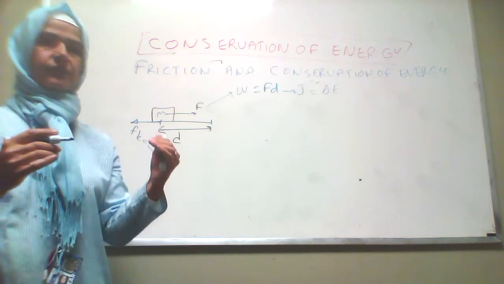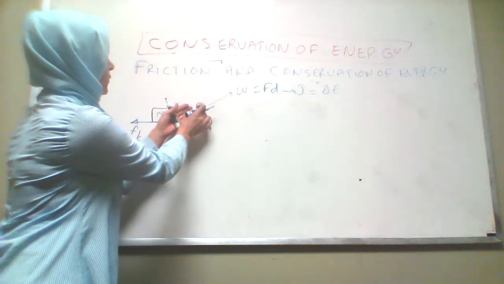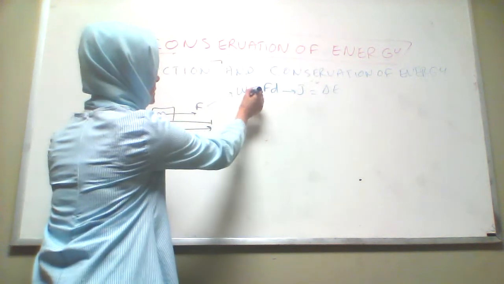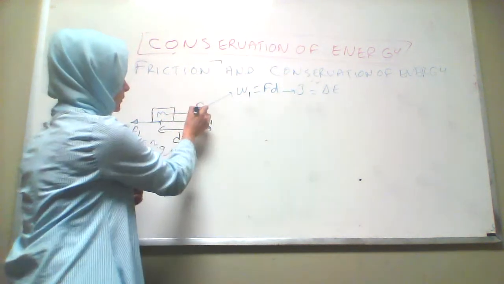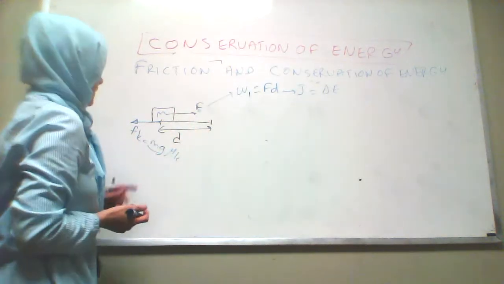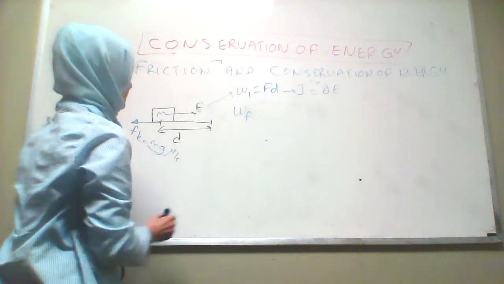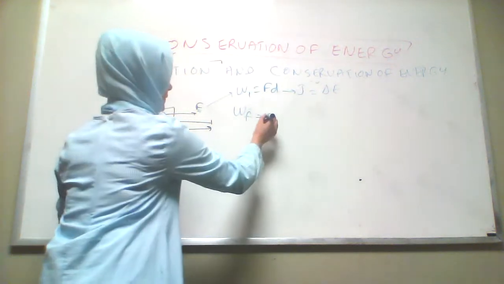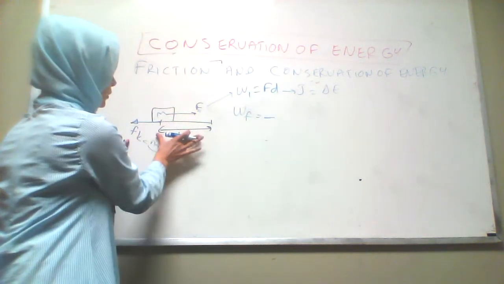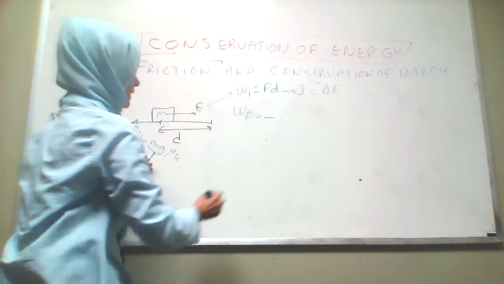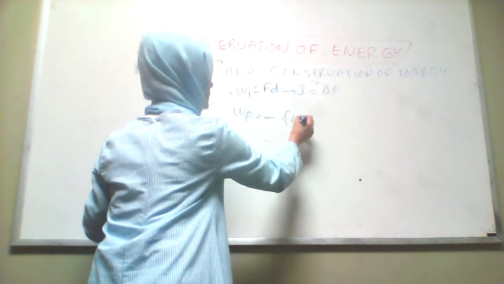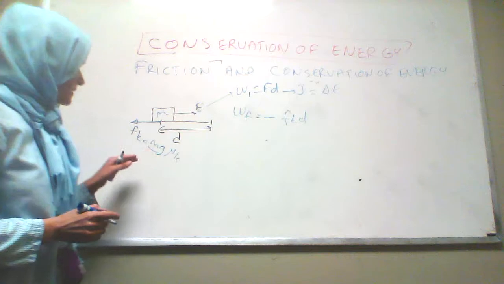what the frictional force will be doing here is a negative force. So this force is doing a work. I'll call this work 1, by this force F. And the frictional force will be doing a frictional work, and it will be against the work done in here. It will be a negative work, and it will be equal to the frictional force times the distance.